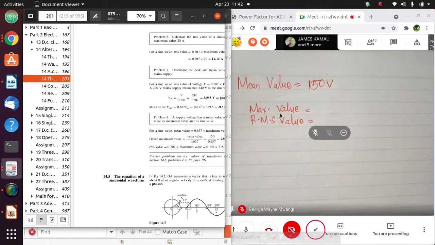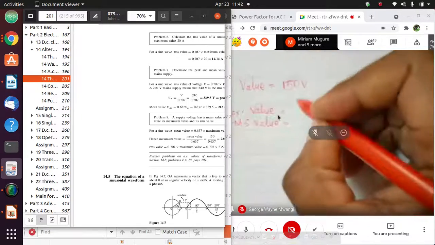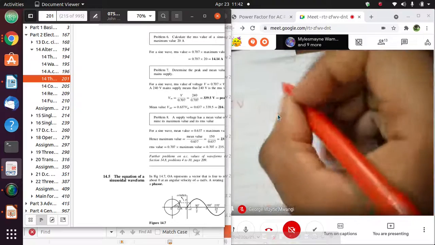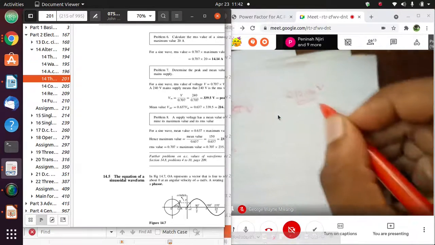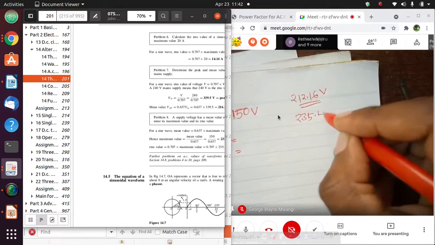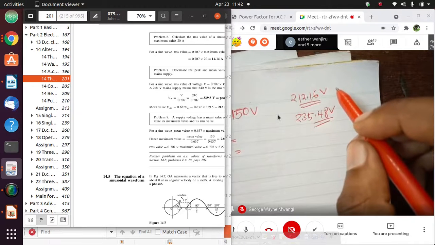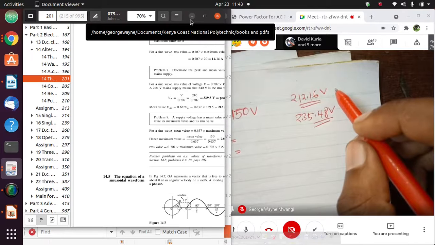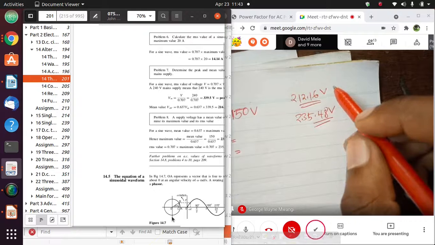Mwalimu, 212.16. Okay, that is one answer, 212.16. Mwingine? Si wote tumepata 212. 235.48 volts. Mwingine?